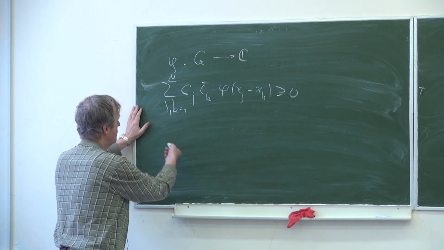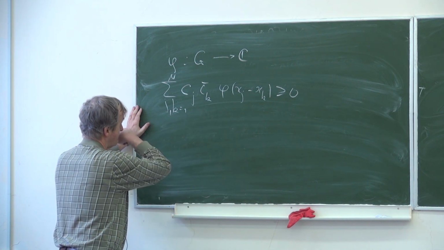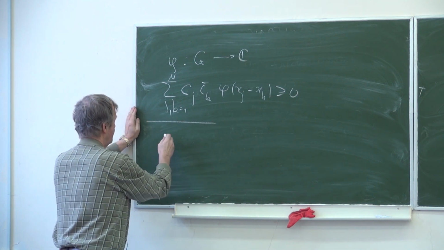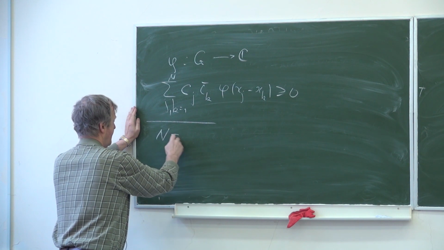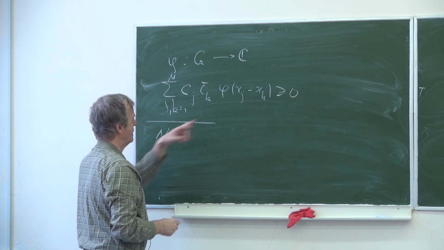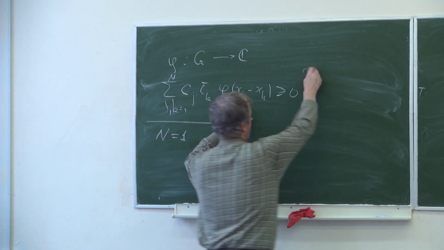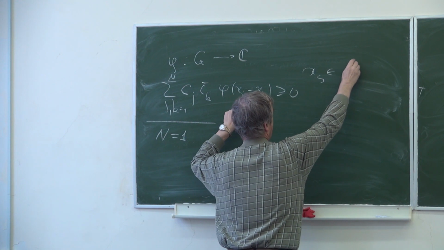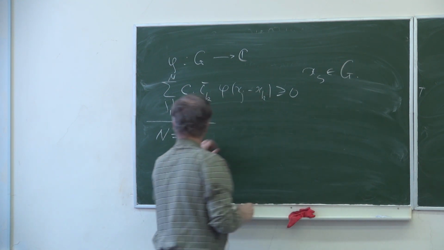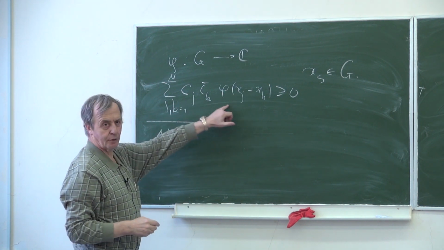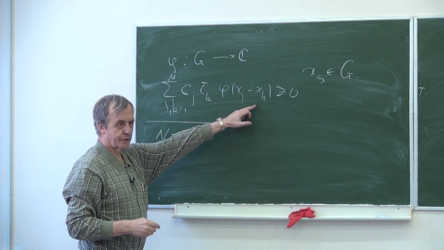Okay, and before going further, we need some properties of such functions, and first, let's take n equal to 1 here. So x, s are some points of the group G. So when n is equal to 1, then there is only one term here, and this difference is 0.